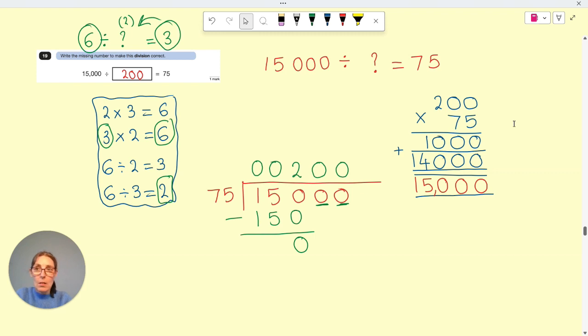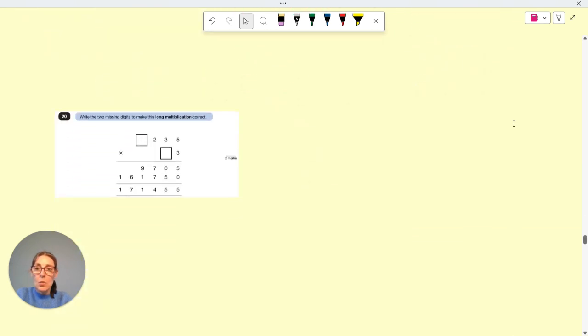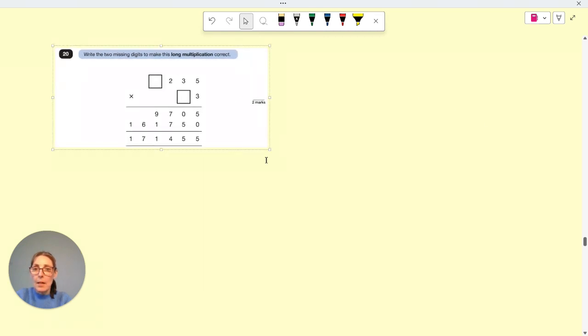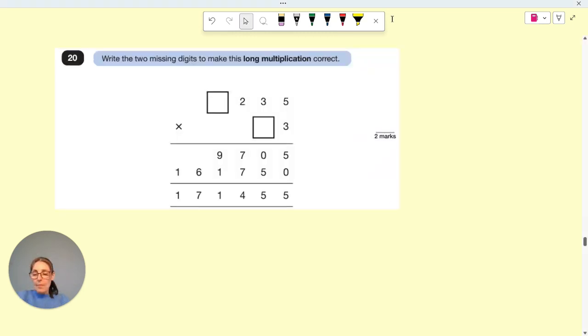Okay, let us go down and look at number 20. All right, a little bit bigger. Write the 2 missing digits to make this long multiplication correct. Actually, it might be better to do it like this.